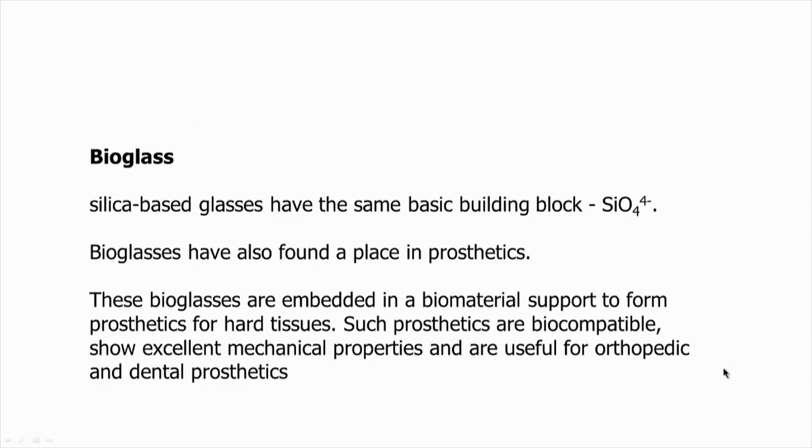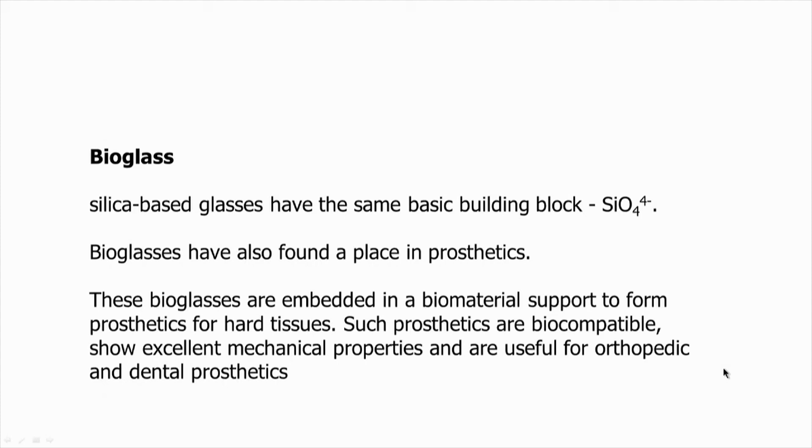Bioglass, when we say glass, it is mostly silica based material, SiO4 4-, and has found places in prostheses. They are embedded in a biomaterial support to form prostheses for hard tissues. Such tissues are biocompatible, show excellent mechanical properties and are useful for orthopedic and dental applications.